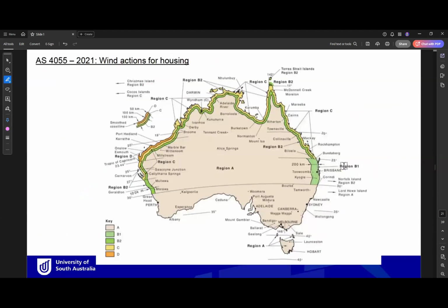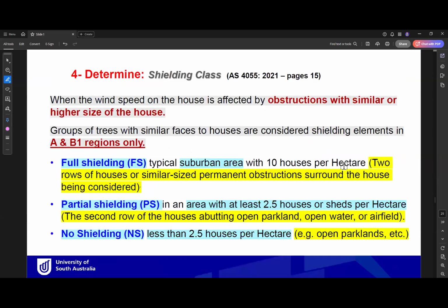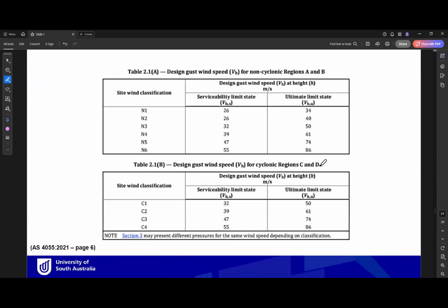So if we jump to this part in the slide here, so this is the tables for the gust wind speed.